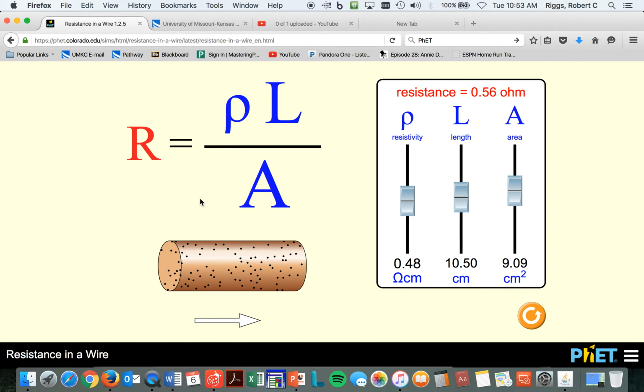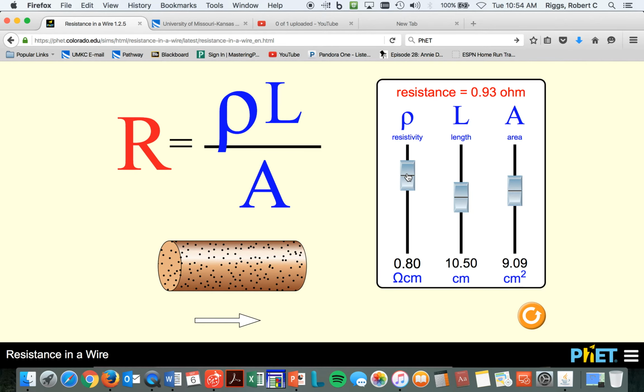Here's a resistor. Each substance has its own resistivity, as you will see in a slide coming up in a minute. Let's increase the resistivity a little bit. Then R goes up. I always consider going through a resistor like going through a cave.